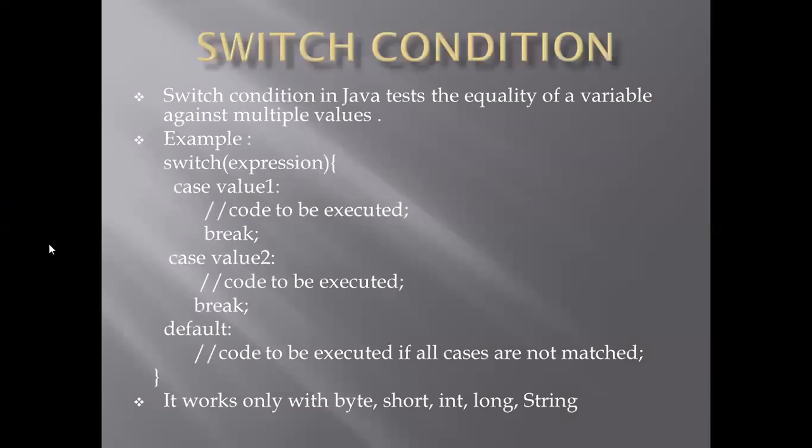For example, let's assume the variable in the expression is of the type long. So value 1 should be of the type long. Case 2, value 2 should also be of the type long, and so on. If it's a string, all values in the cases must be strings.